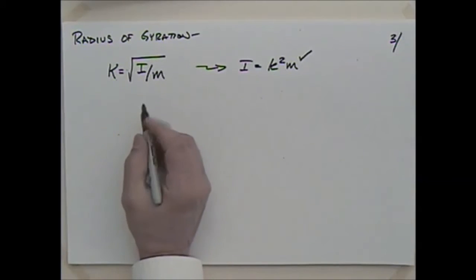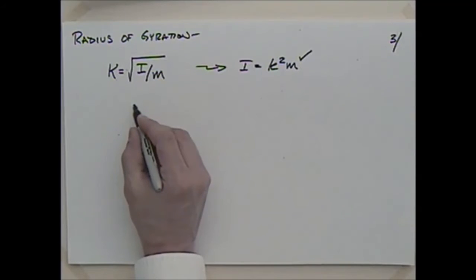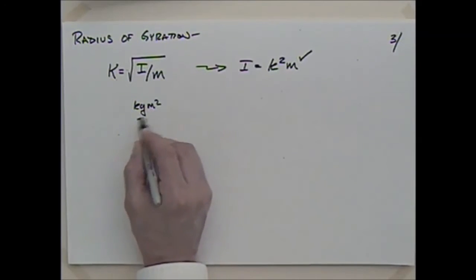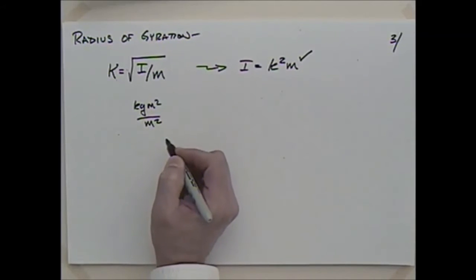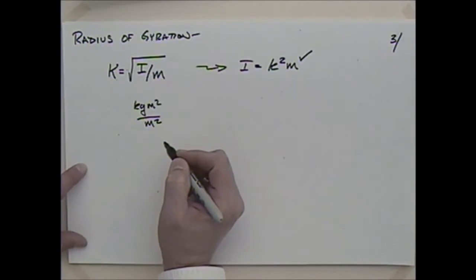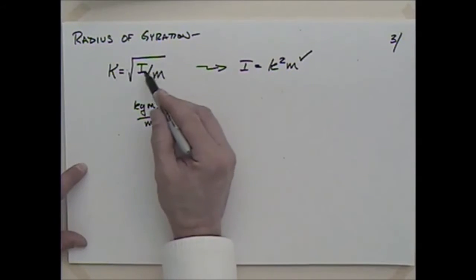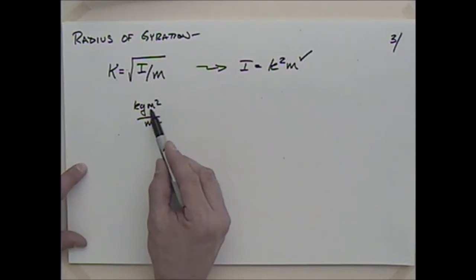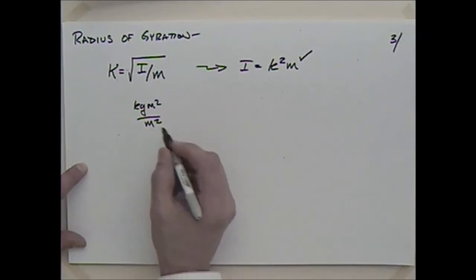Do the units here work? Yeah, if you have, let's say, kilograms times meters squared, and then you divide by meters squared, is that going to work? Let's see, I is kilograms meters squared, m, oh, that squared shouldn't be there, should it?